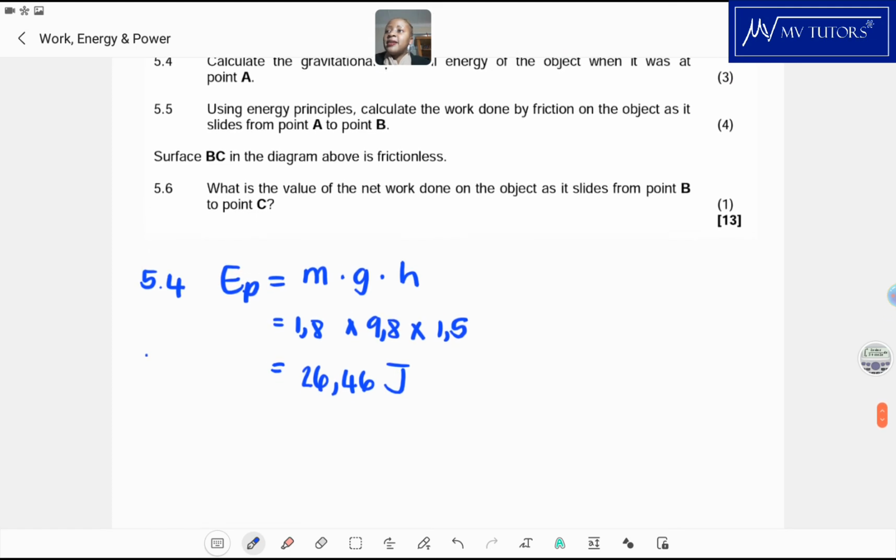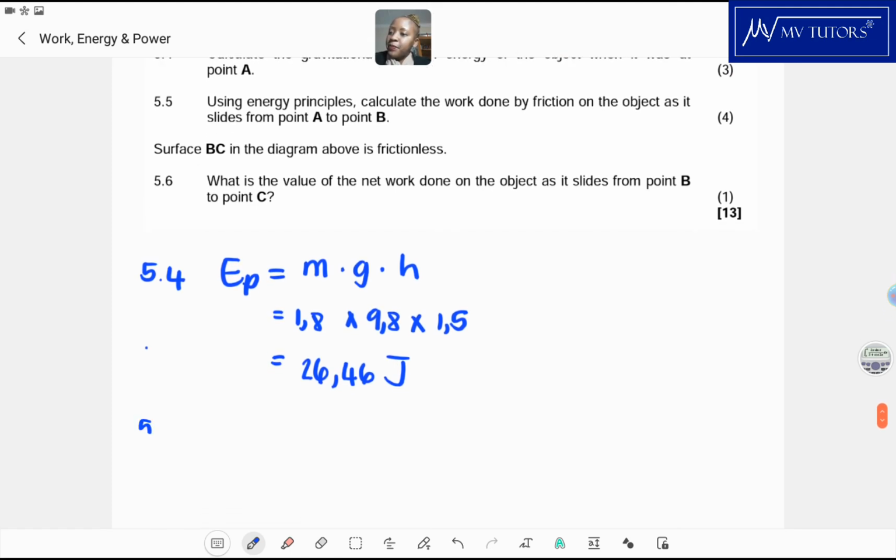All right, now 5.5 says, using energy principles, calculate the work done by friction on the object as it slides from point A to B. Remember, friction is a non-conservative force. And when we were going through the theory, we learned that the work done by a non-conservative force is equal to the change in kinetic energy plus the change in potential energy.